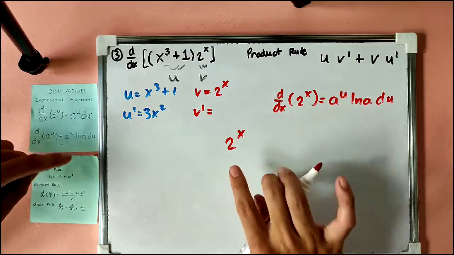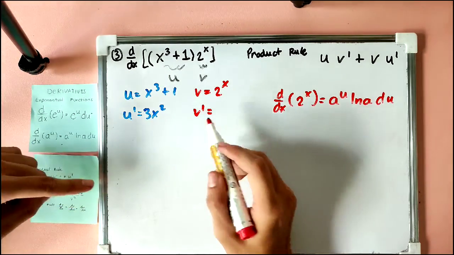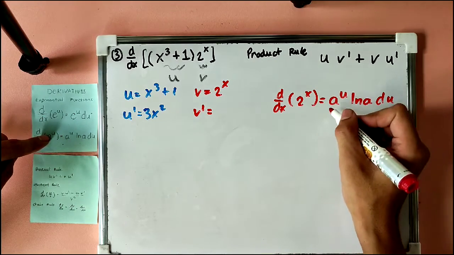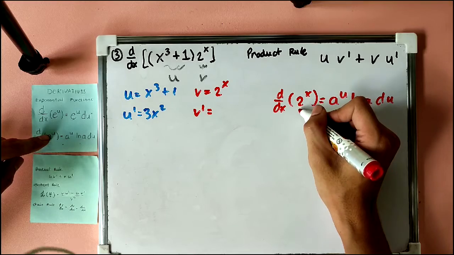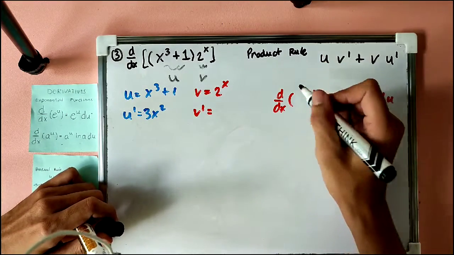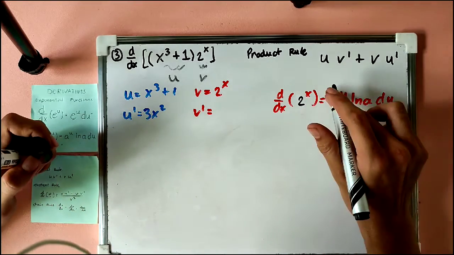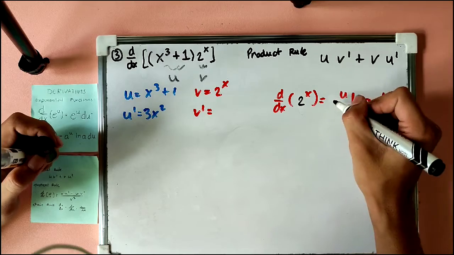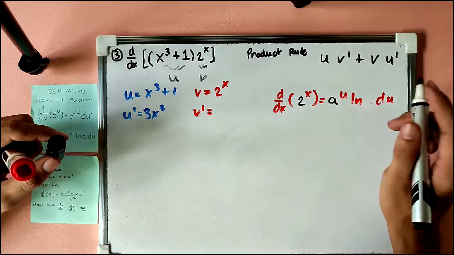So kukunin lang natin yung derivative ng 2x para ma-substitute natin siya sa v prime. So again, ang a natin, ito yung a natin, yung 2, ulitin lang natin para madali natin makita.